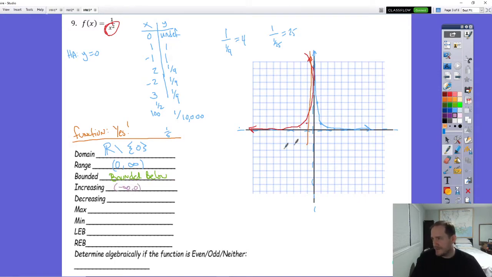But the right-hand side of our graph is decreasing, so 0 to infinity. Again, there's no extrema. If anyone doesn't understand extrema, at this point maybe you've got to reach out to me for extra examples because we're just not seeing a ton of great examples. But there's no extrema. We're not going to do Leb and Reb.